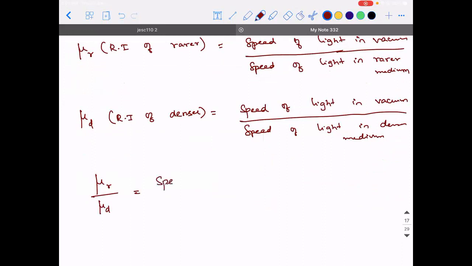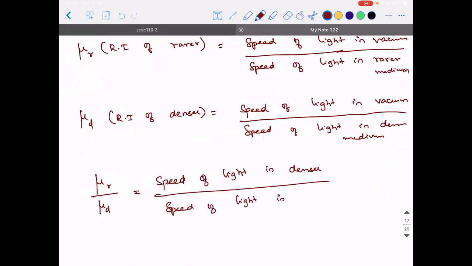I will get speed of light in denser by speed of light in rarer. Did you guys understand why I got that?